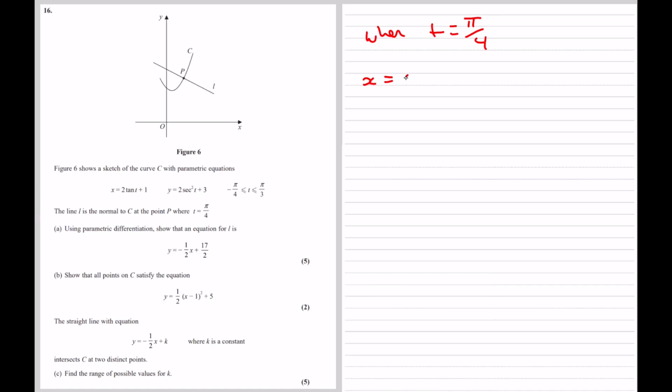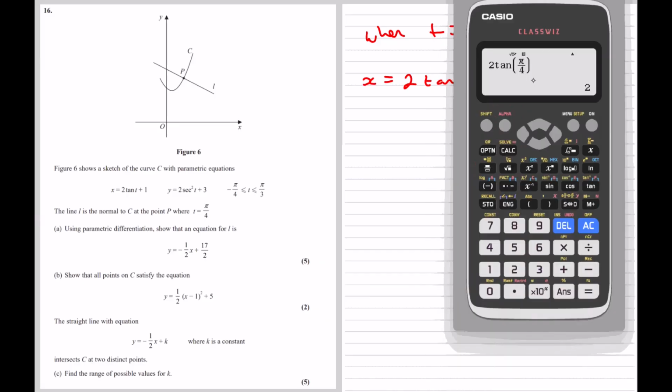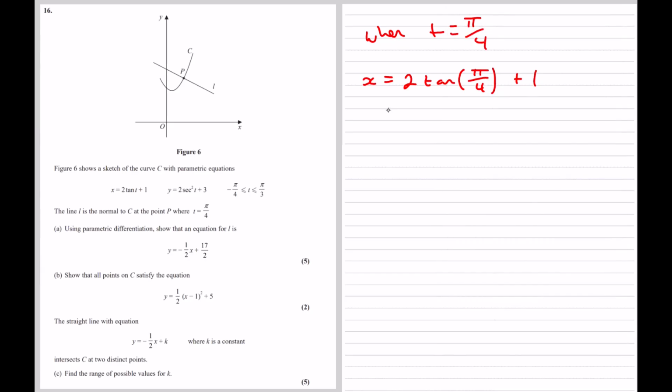So x equals 2 tan pi over 4 plus 1. That is 3. And y is 2 sec squared pi over 4 plus 3.